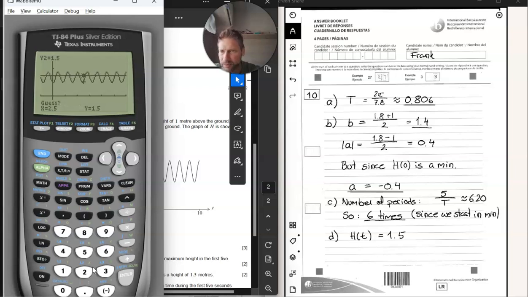And then for the guess, we have to go somewhere close to the actual intersection that we want to find. It doesn't have to be super accurate, just closer than it is to the other intersections. And there we go. Here is the solution. So we write that using the graphical display calculator, we get the solution that t is approximately 0.234 seconds.